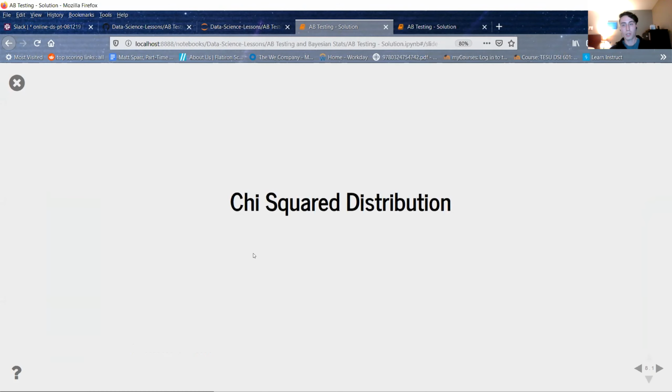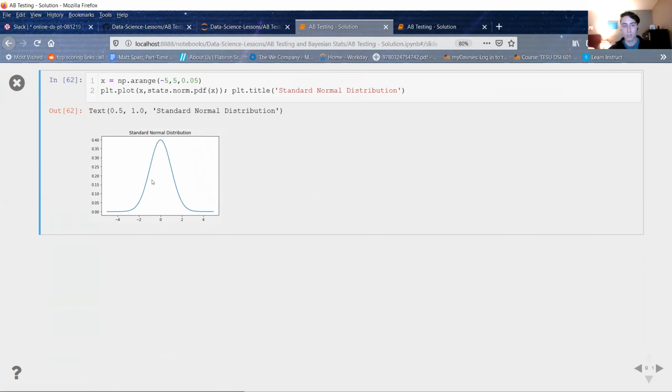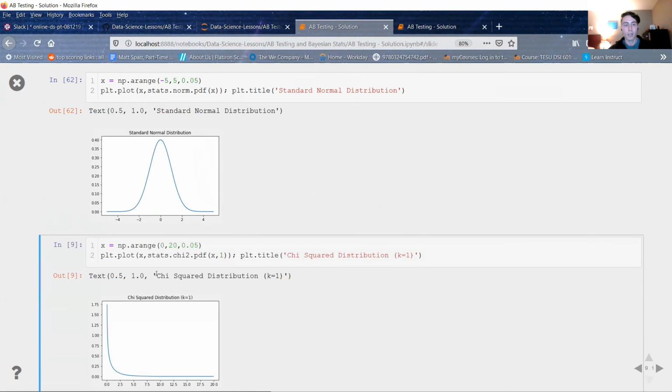So another way to do this is using what's called a chi-squared distribution. This is another probability distribution that we haven't covered yet. So I'll kind of go over where it comes from. It's basically found by taking a standard normal distribution and squaring all the values. So here's a standard normal distribution, and then here would be a chi-squared distribution with 1 degree of freedom.